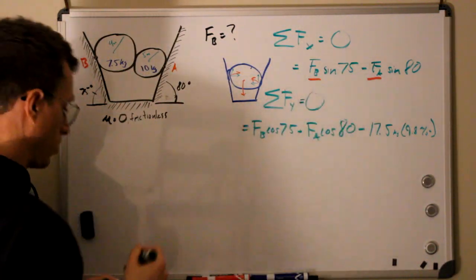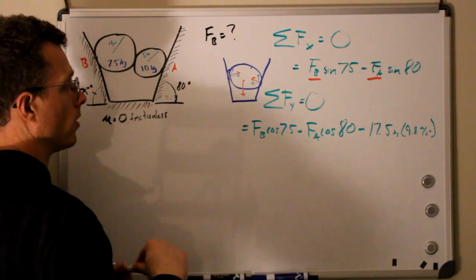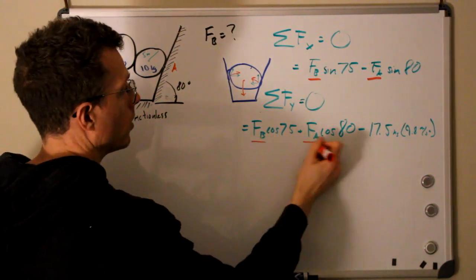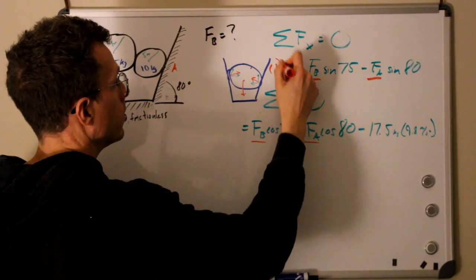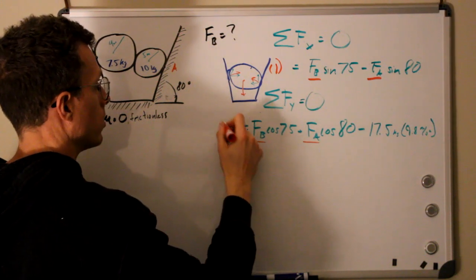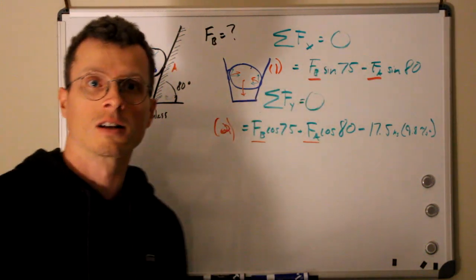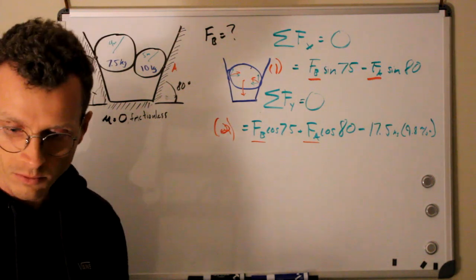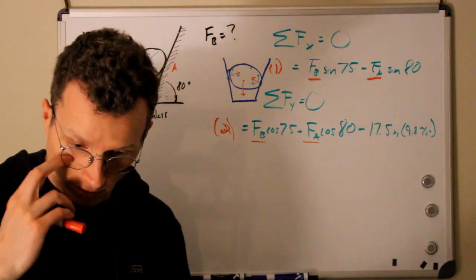So these are our two equations. This is equation 1. This is equation 2. You've got two equations, two unknowns. Now all we have to do is solve them.